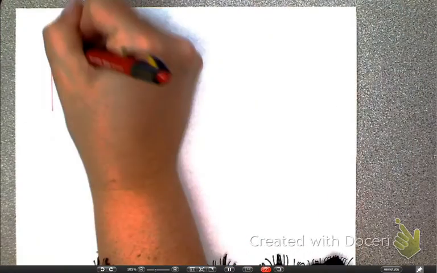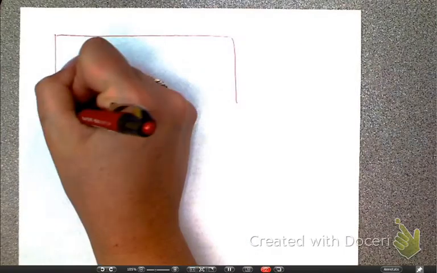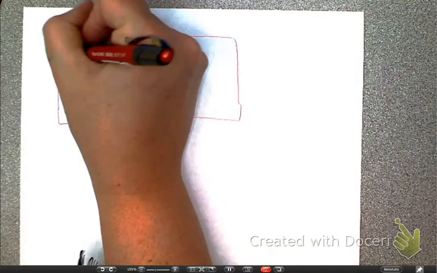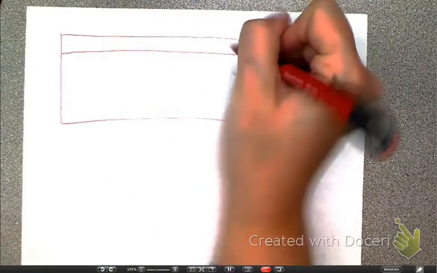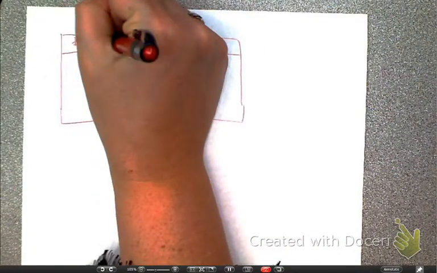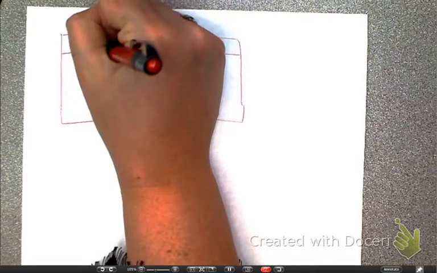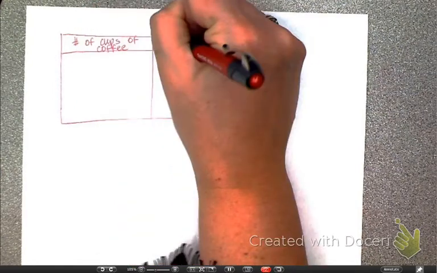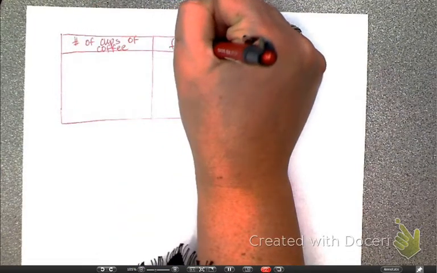Here is your frequency table. This one deals with the amount of coffee, cups of coffee people drink a day. Number of cups of coffee. Frequency.